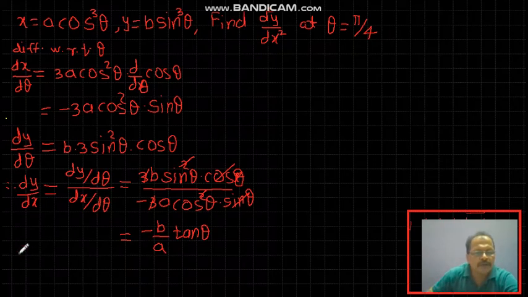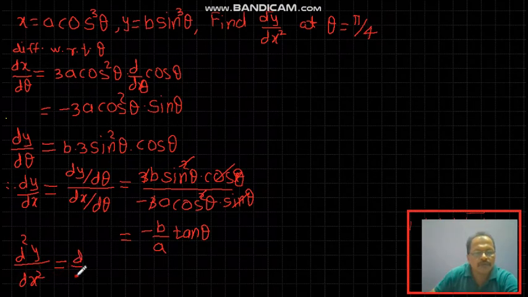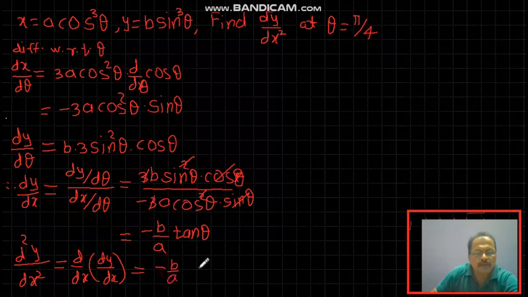Now let us find d2y by dx square. d2y by dx square is d by dx of dy by dx. dy by dx is minus b by a tan theta. Minus b by a is constant, outside d by dx of tan theta. Apply the chain rule here.